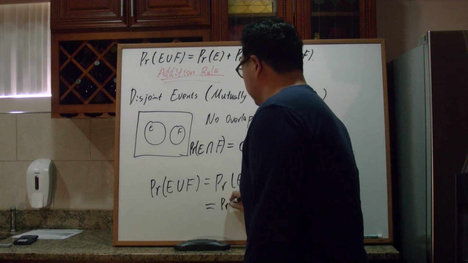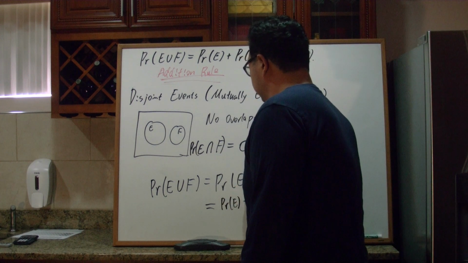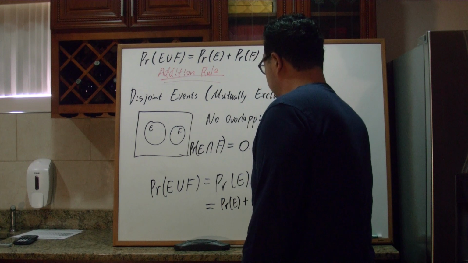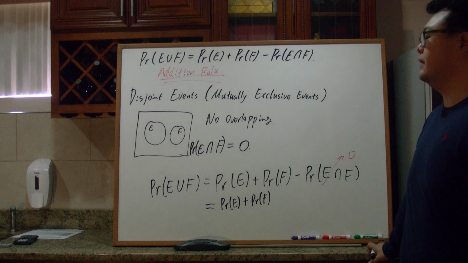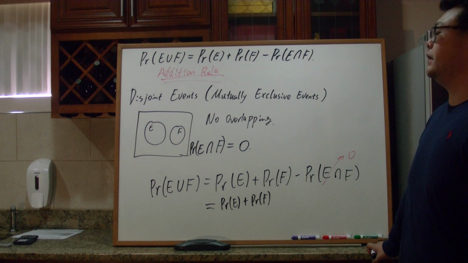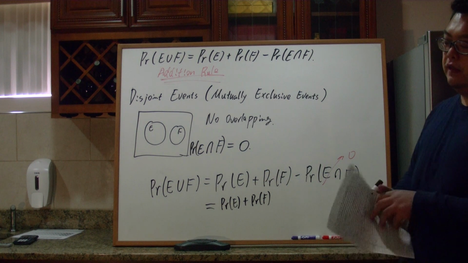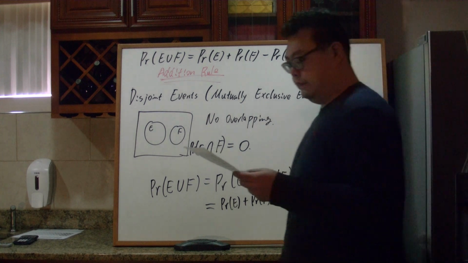Therefore, if we know two events are disjoint, we can just add their probabilities separately, and that is good enough.